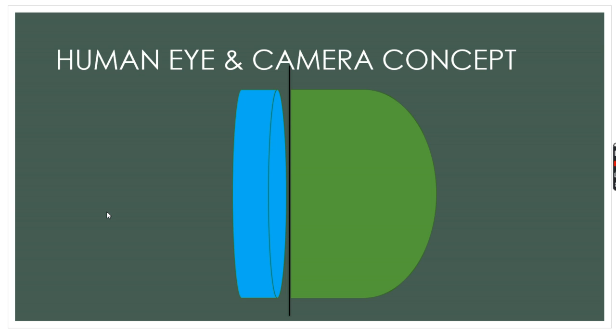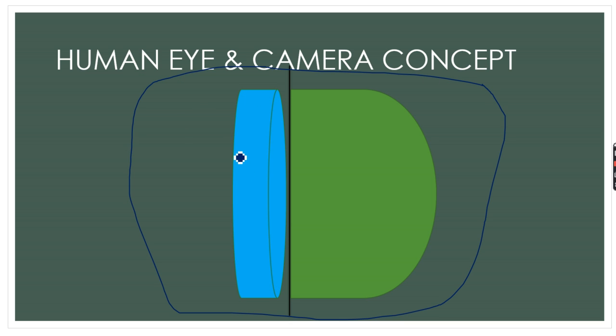Before discussing the coupler and CCD, I would like to correlate this slide with the human eye mechanism. Suppose this is our human eyeball. Let's consider it as the right eyeball of a human being.